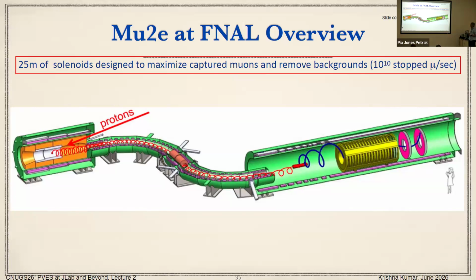So what is amazing about this experiment is you want to get down to a 10 to the minus 16 branching ratio. So you need to produce 10 to the 11 muon stops per second. It's a ridiculous idea, but this was invented by a Russian back in the 70s, this so-called superconducting S channel. You start with an enormous proton beam hitting a large target. You make a bunch of pions.